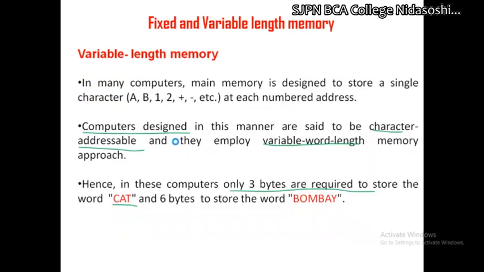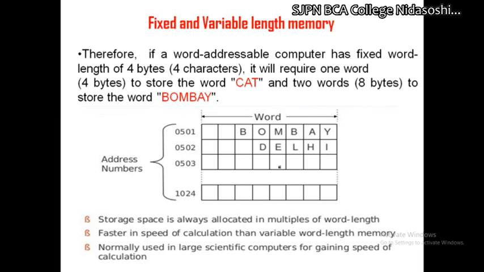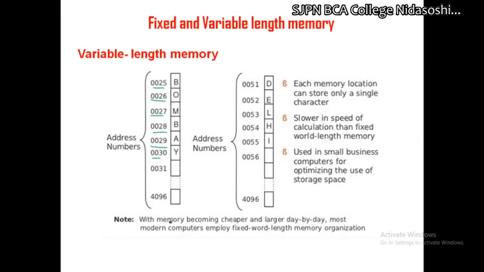But in fixed word length, it takes 8 bytes of space. It stores only 6 characters, but the remaining 2 are unused. So here you can use 10-character words, and the 6-character or 3-character words take only that much space.